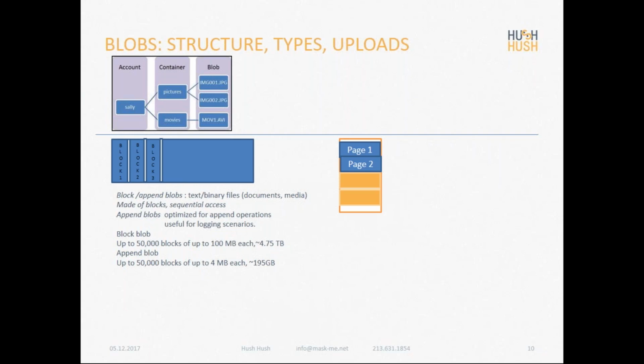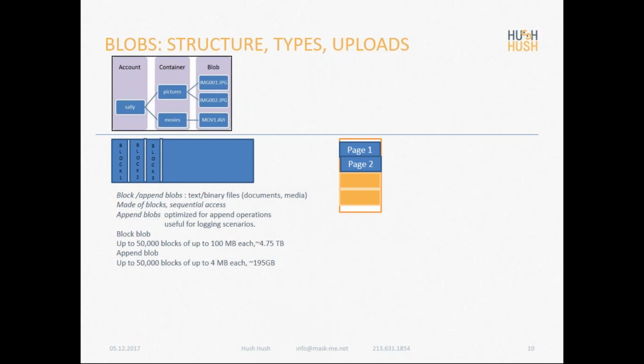So to the left you see block and append blobs, and to the right I created a page blob, which is a random access blob. To the left are blobs that are sequential. Page blobs are random access blobs. The block blobs and append blobs are sequential access blobs.